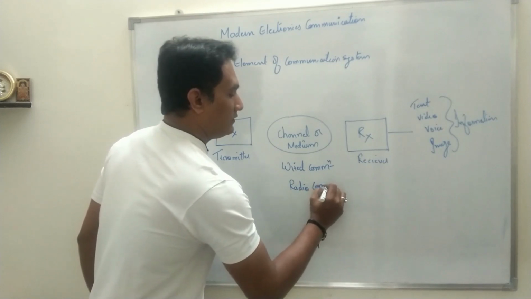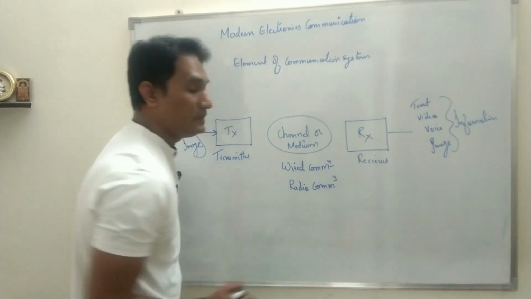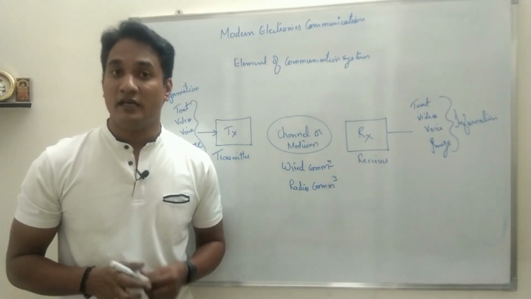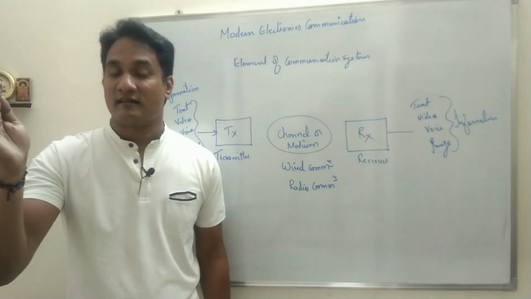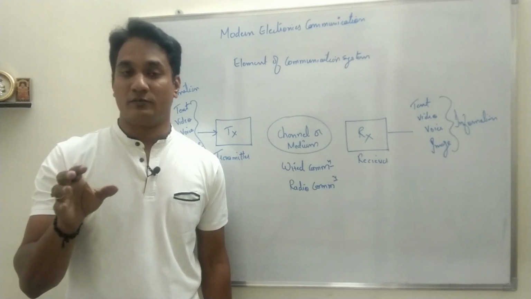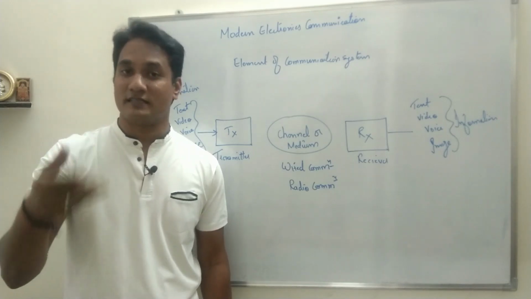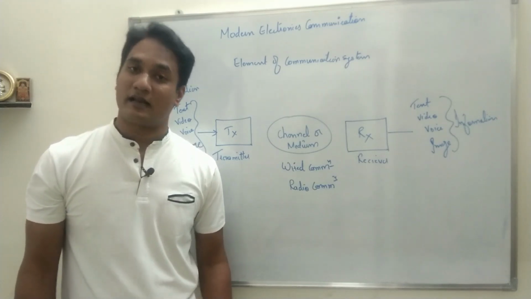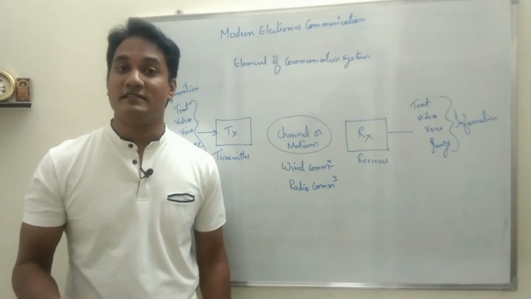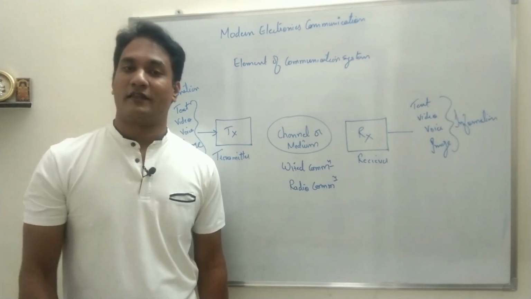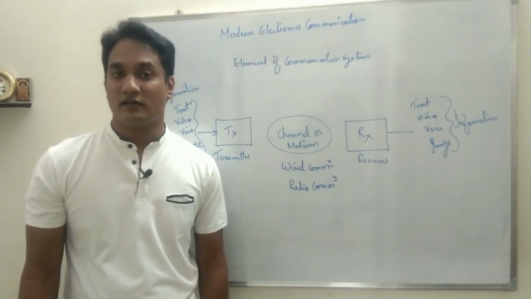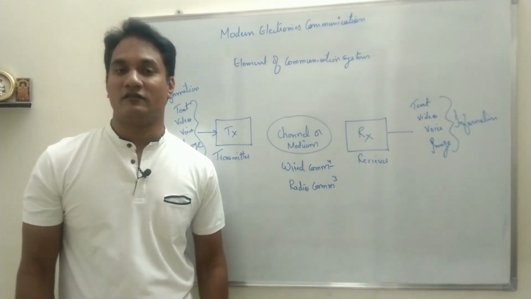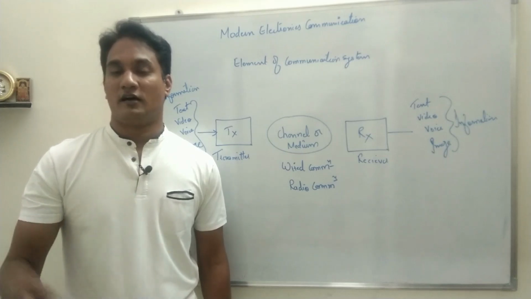When we say radio communication, any information transmitted from one point to another through space is called radio communication, because the signals we use to transmit are radio signals, radio frequency signals. So here we don't need wire, we can transmit the information through space.